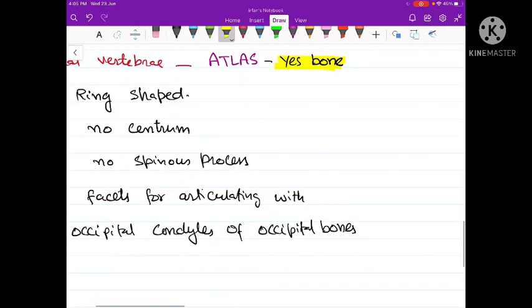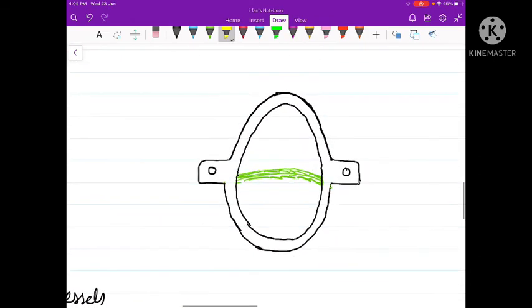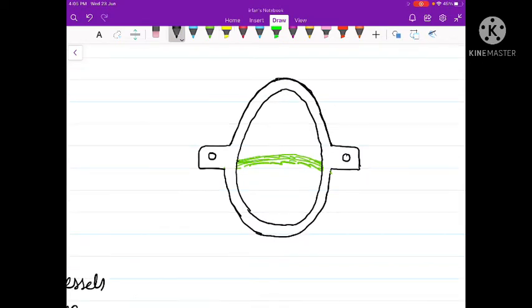Here I will show you the image of this bone. Here is the diagram of the first cervical vertebra, that is the atlas. As you can see, this atlas has no centrum, and there is no spinous process.